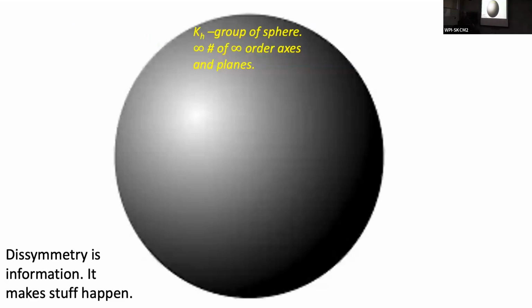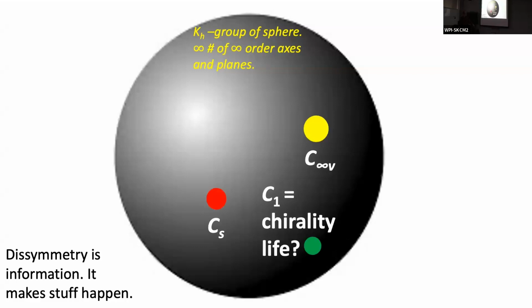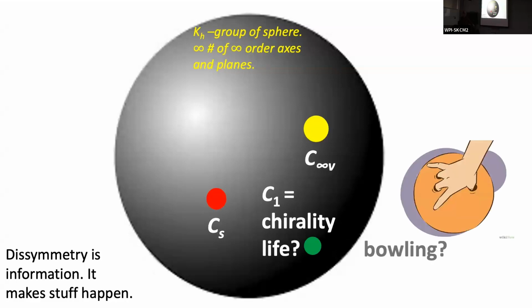So here's a very symmetric thing. It's a sphere, and spheres are kind of dull. They have a radius, and that's about all the properties that they have. But you can drill a hole in a sphere, and suddenly it has a dipole moment. And you can drill another hole, and a third hole, and all of a sudden you have chirality, you have life, you can go bowling. All kinds of things happen, but only when you reduce the symmetry. High symmetry is death. Low symmetry is fun.